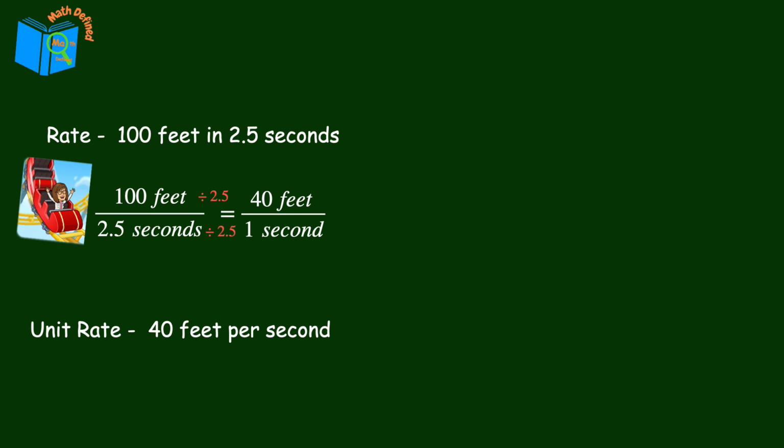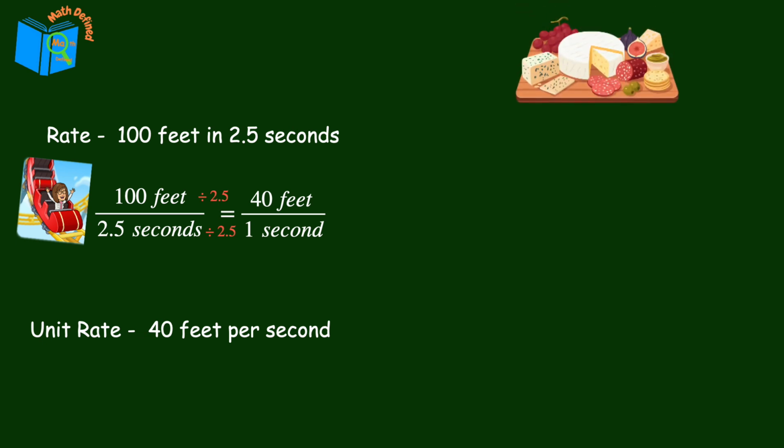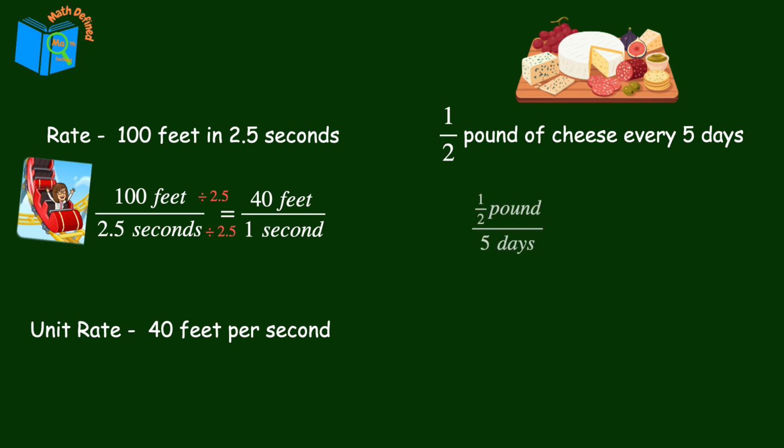Now let's talk about something delicious, charcuterie boards. Suppose you use 1/2 pound of cheese every 5 days. How much cheese do you use in 1 day? First, we write the rate as a fraction, 1/2 pound over 5 days. To find the unit rate, we need an equivalent ratio with a denominator of 1 day.